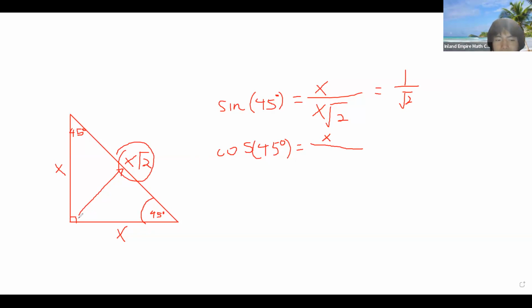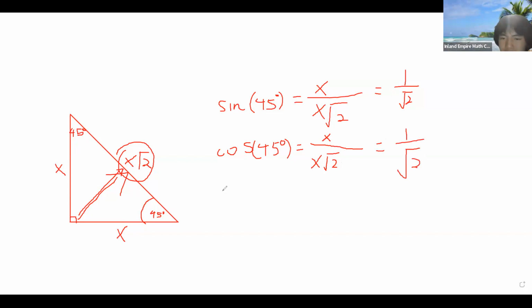Okay, it's just x root 2. Cosine of 45 degrees is adjacent over hypotenuse, and that's x over x root 2, which once again simplifies to 1 over root 2.